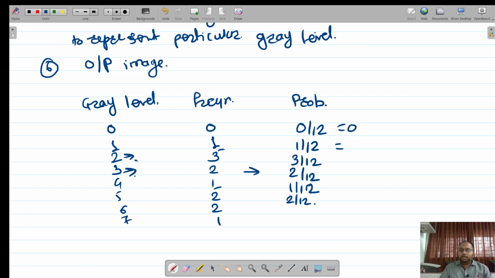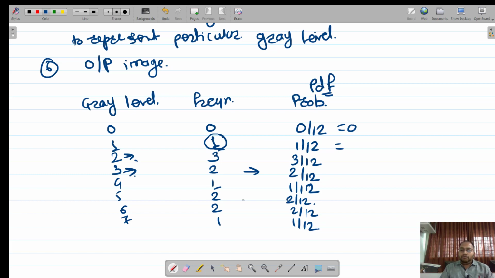Similarly 2 divided by 12, 2 divided by 12 and 1 divided by 12. So these are the frequencies of occurrence of particular gray levels, that is nothing but their probability. This is nothing but the PDF, probability distribution function.